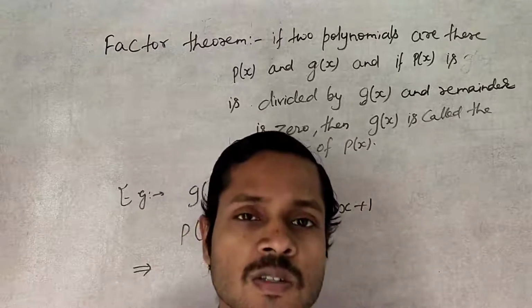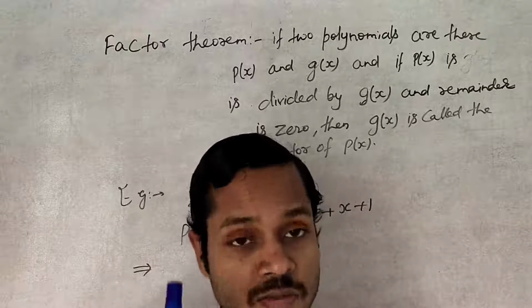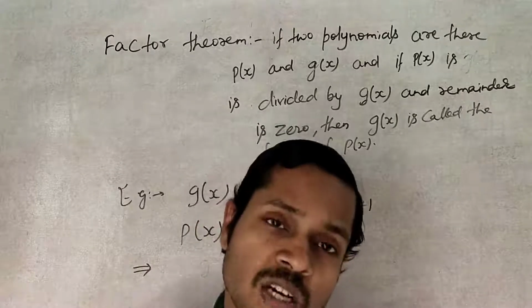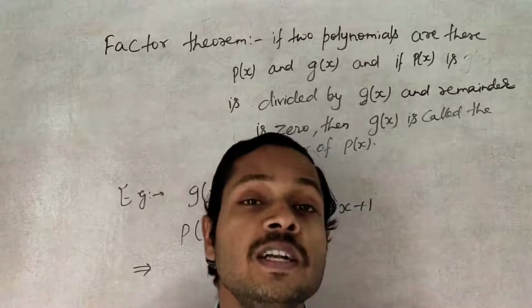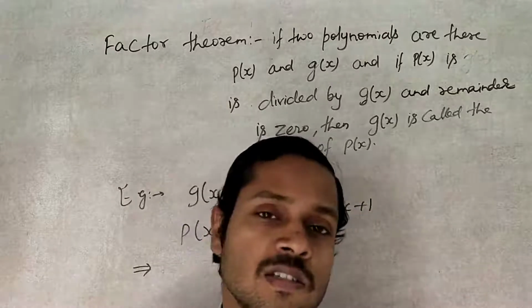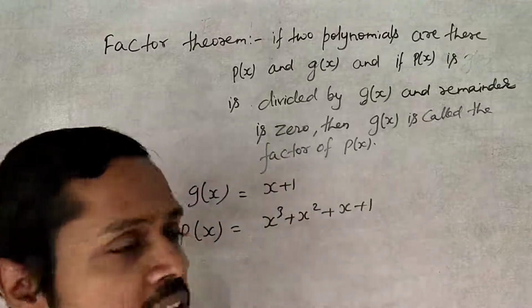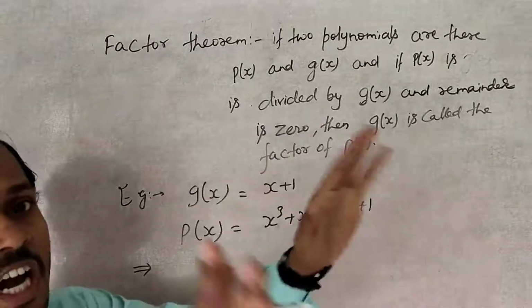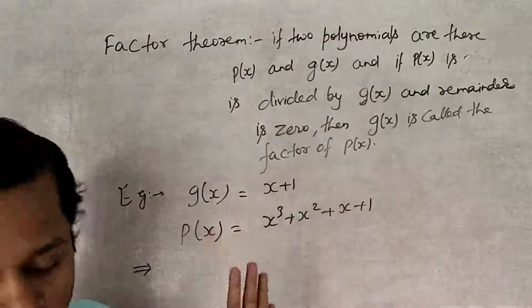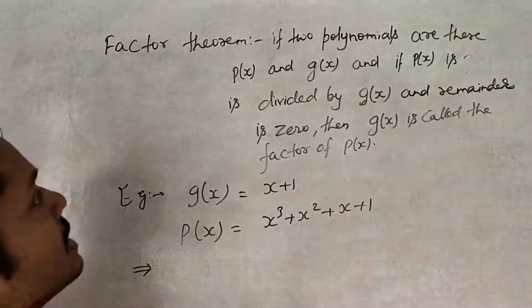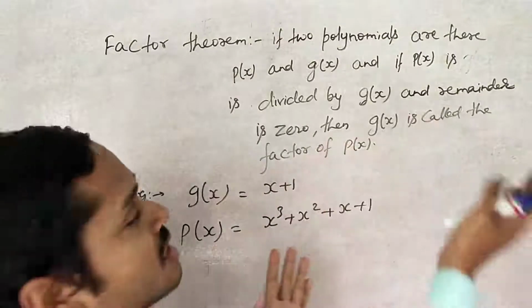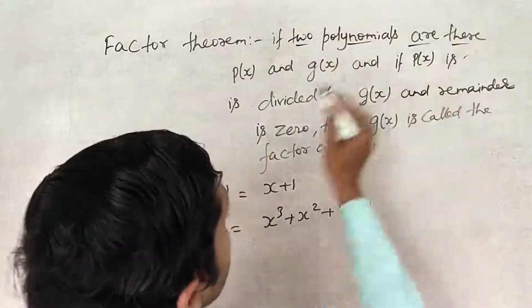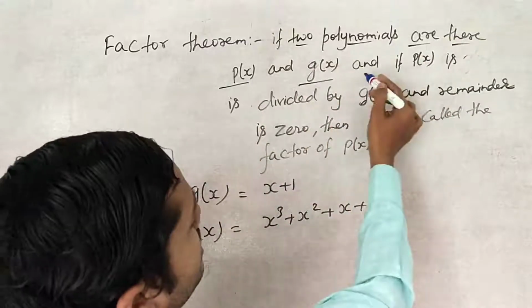So just think about that, we are reading about polynomials. When one polynomial is divided by another polynomial completely and the remainder is 0, then that is known as a factor. This is not the full statement, but overall knowledge for you to understand better. Factor theorem is related to two polynomials, px and gx.